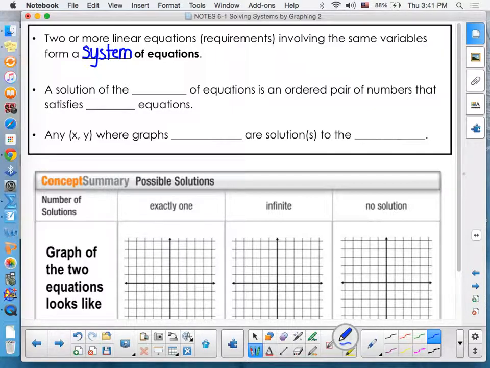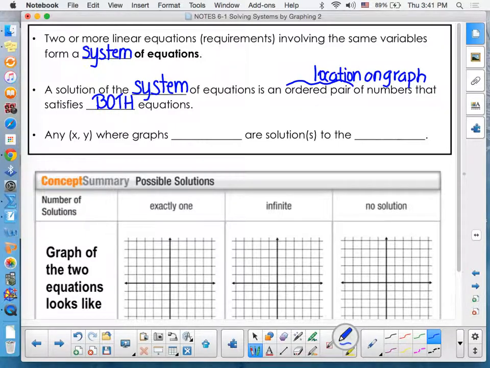So if I'm asking for a solution of the system of equations, what I'm looking for is an ordered pair, a location. So when we say ordered pair, I'm looking for a location on my graph that works for both equations, that satisfies both, that makes them both work.